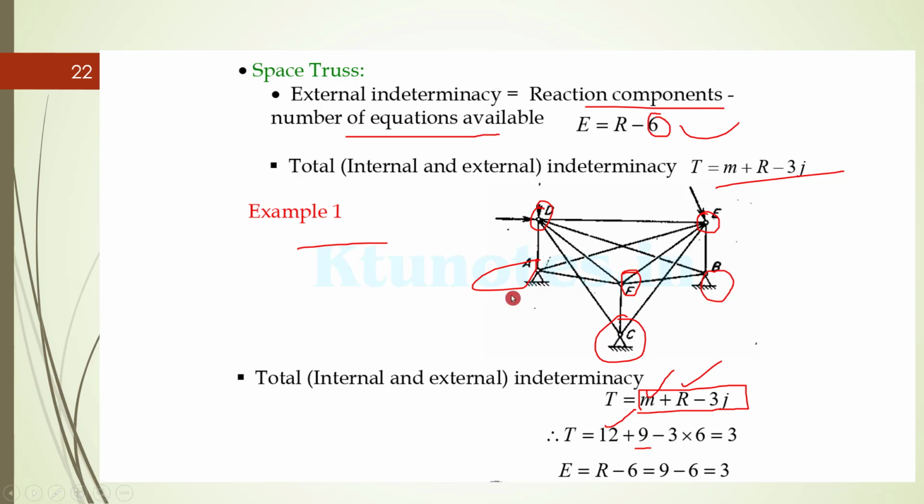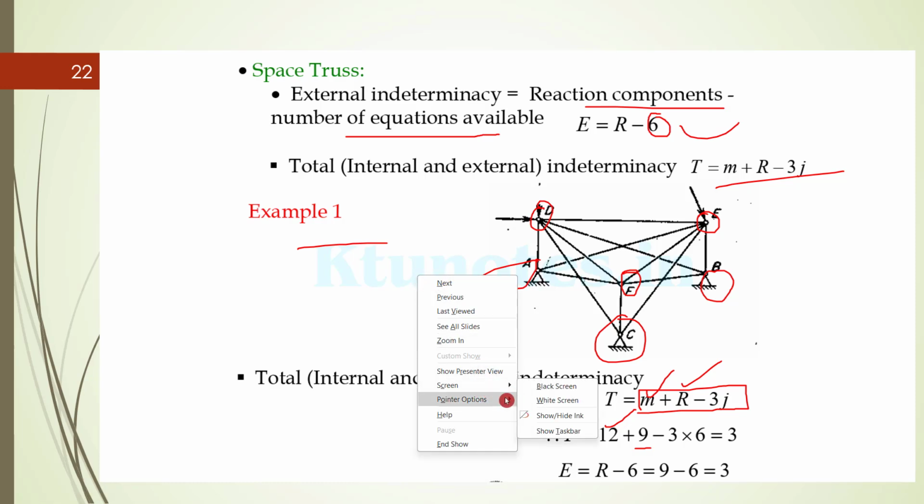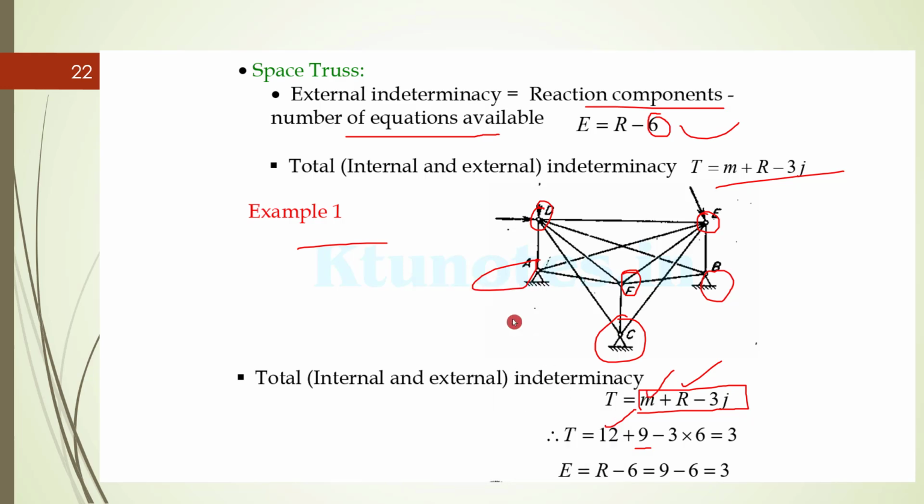The reason is that for the hinge, it won't allow movement, so it will have a vertical reaction as well as a horizontal reaction. So there will be 2, 4 here, 2, 4 here, 2, 4 here, and this will be having only 1.